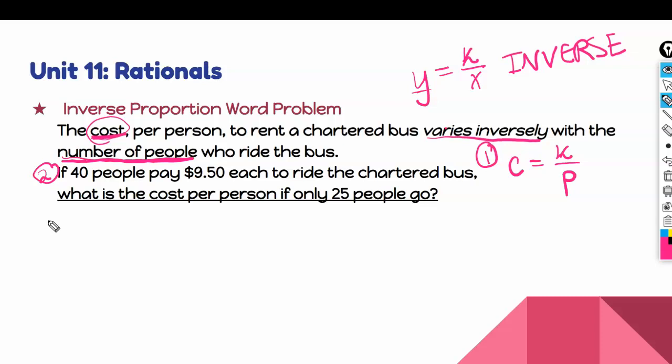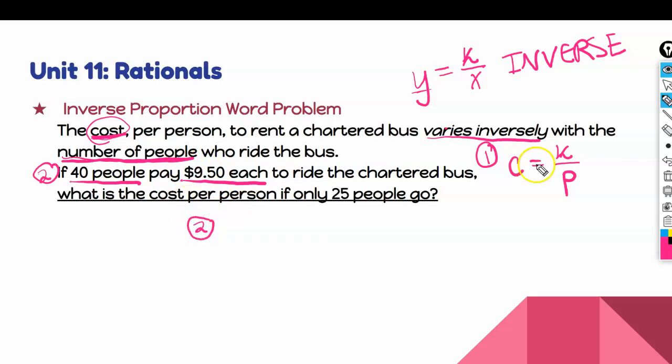So they tell me that if 40 people pay $9.50 each, that's their cost, to ride the chartered bus. What is the cost per person if only 25 people go? Ignore that now. I'm just using this 40 and this $9.50 to figure out k.